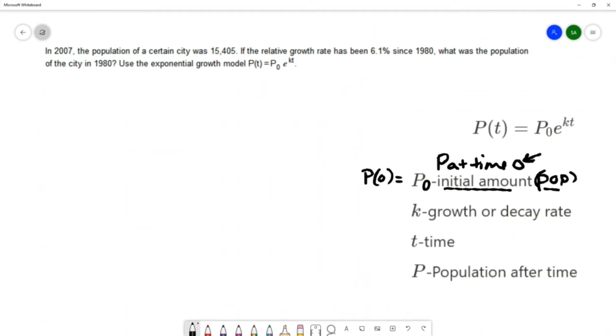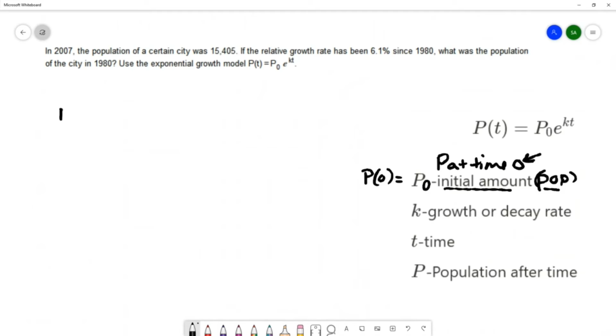So let's read through the problem again and see if we can identify any of the variables in this question. It says, in 2007, the population of a certain city is 15,405.